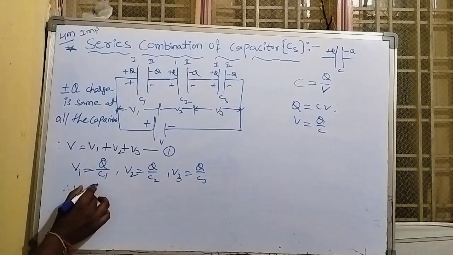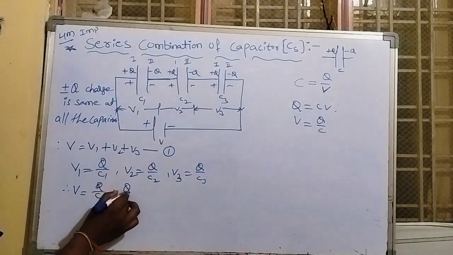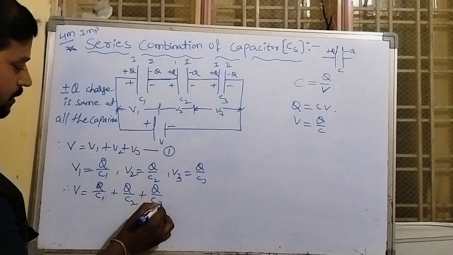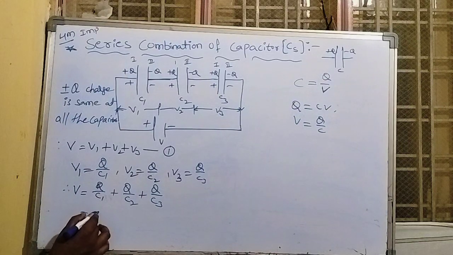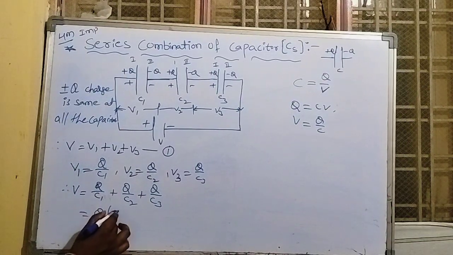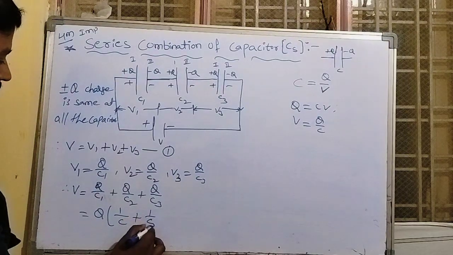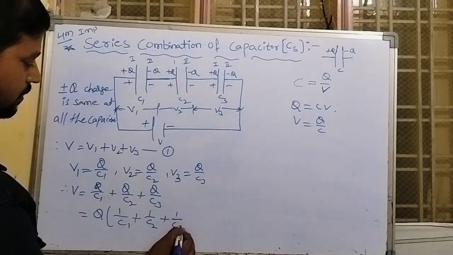Therefore V is equal to Q by C1 plus Q by C2 plus Q by C3. Here Q is common: V is equal to Q times (1 by C1 plus 1 by C2 plus 1 by C3).